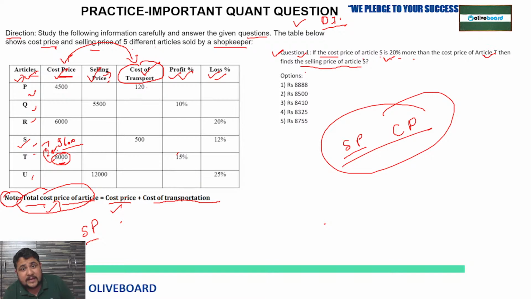Okay. Then find the selling price of article S. So they are asking the selling price now. This one, this data. Okay, do we have sufficient data now to calculate that? So S, cost price 9,600, fine. So what are they asking? Selling price. So how can you calculate the selling price? You must have knowledge about something. So profit or loss, any one thing can happen.